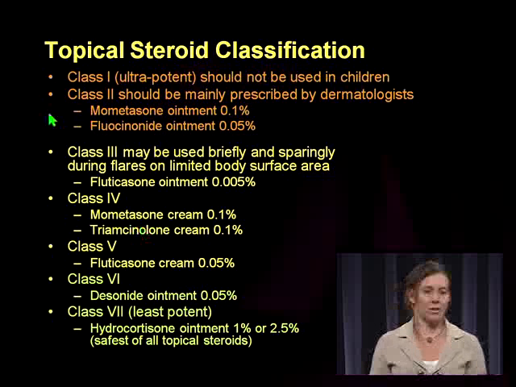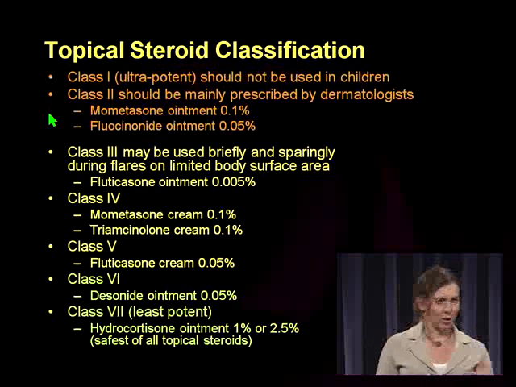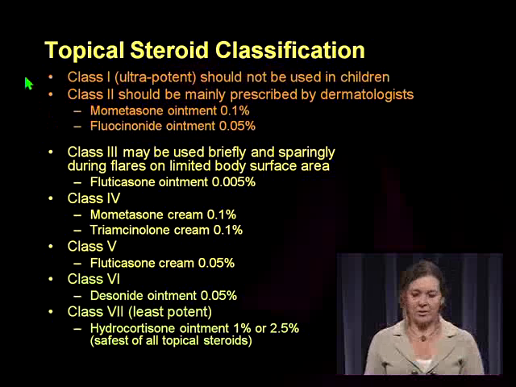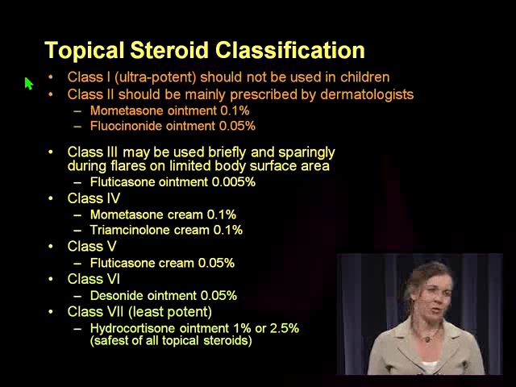So it's just important to keep that in mind, that the medicine strength can vary depending on whether it's a cream, lotion, or ointment, with ointments almost always being the strongest. And then in general, we don't use a lot of class 1 and class 2 topical steroids in young children because we worry more about those side effects that we just touched upon.